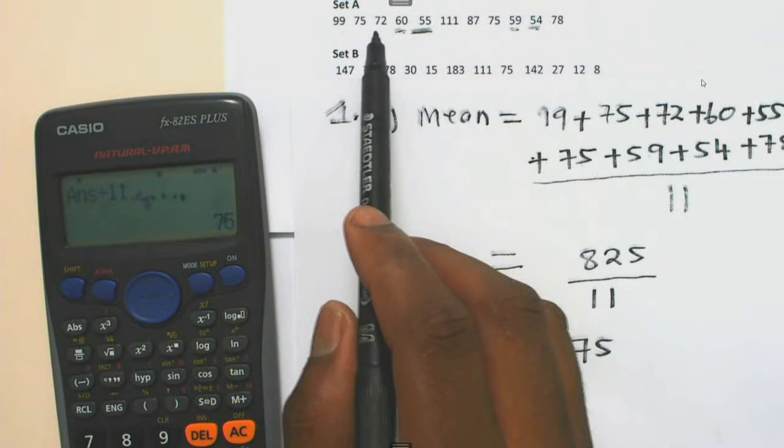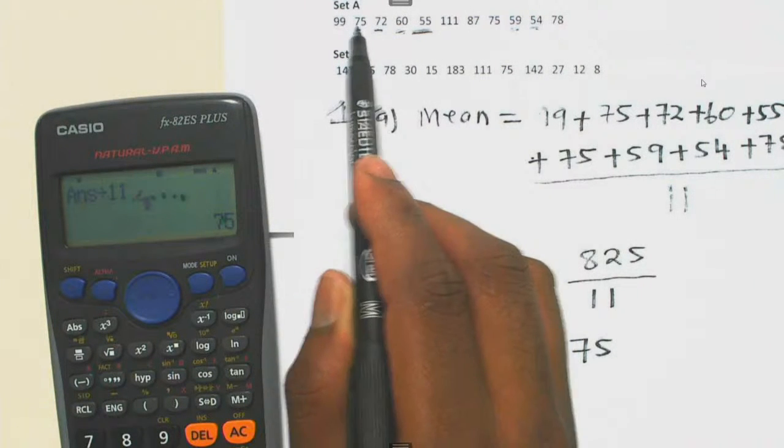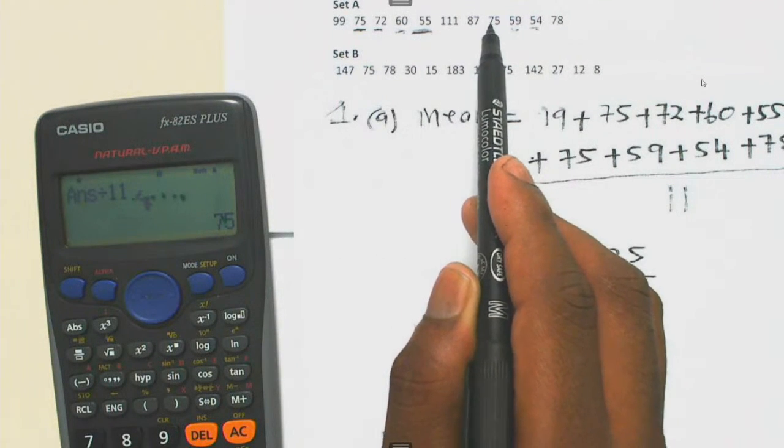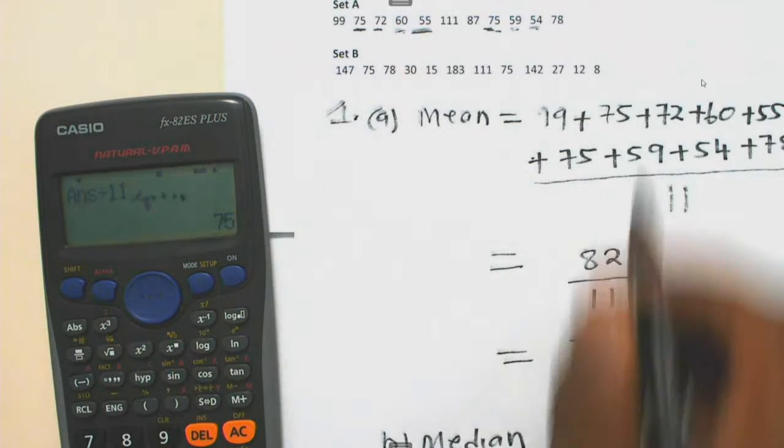After having 72, it will be followed by 75, and then we have two of those, 75 and 75. After having 75 and 75, we move to 78.